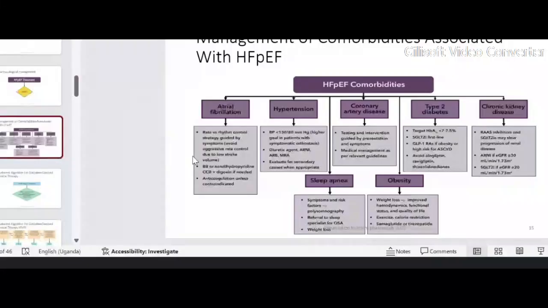But later on in 2023, it was discovered that these drugs had benefit in heart failure. The Americans did a study and clinical trials, came up with that evidence, and then published it. We have a 2023 American College of Cardiology guideline for heart failure with preserved ejection fraction, and that's what we use. Even the Europeans adopted the same; they also have their guideline.